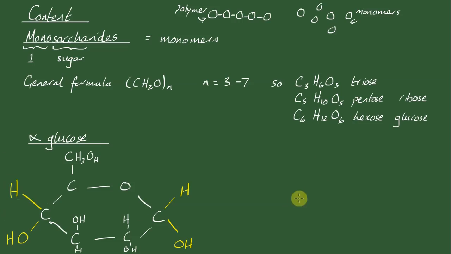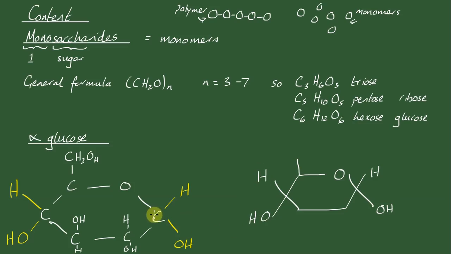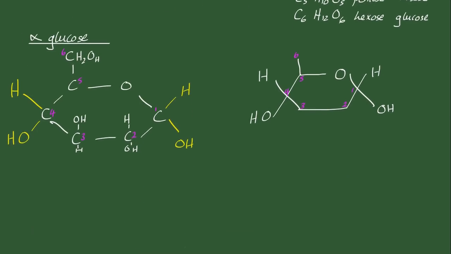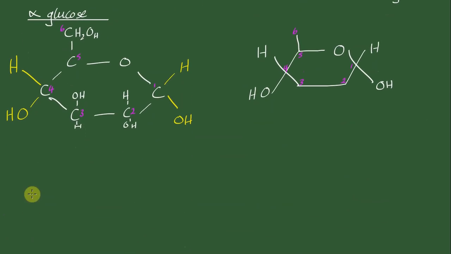Both hydroxyl groups are at the base of the molecule. And here's my very much simplified drawing of alpha glucose, again just showing where those hydroxyl groups at each side of the molecule are. And here I am numbering the carbon atoms, so that when we talk about bonds in a little bit, you know where those numbers come from. Each carbon is numbered so that we can talk about a 1,4 glycosidic bond, for example.